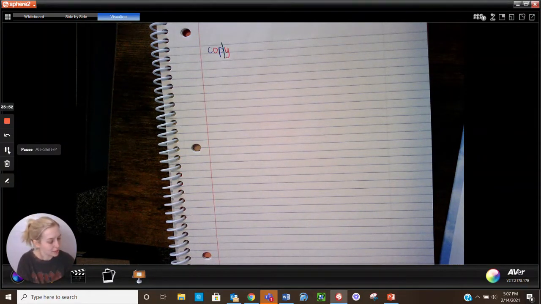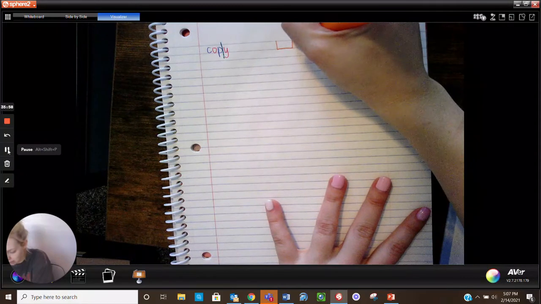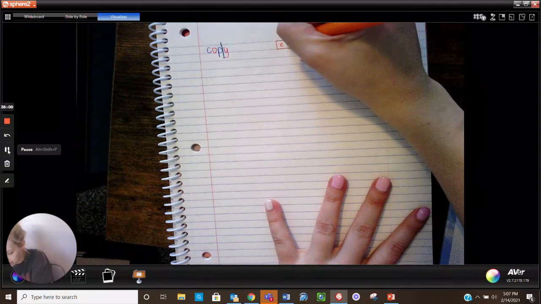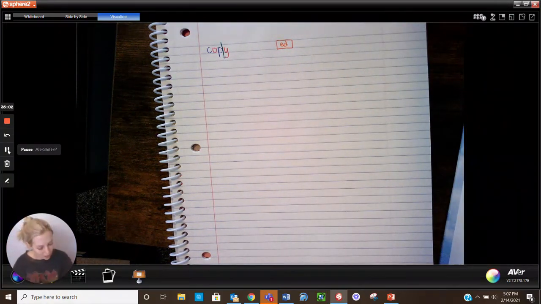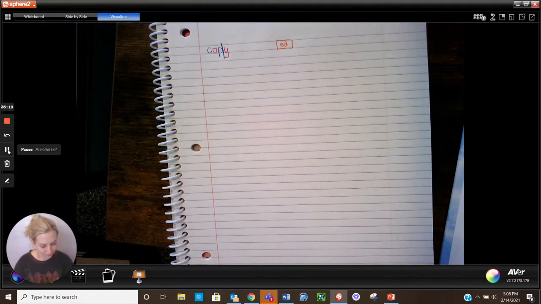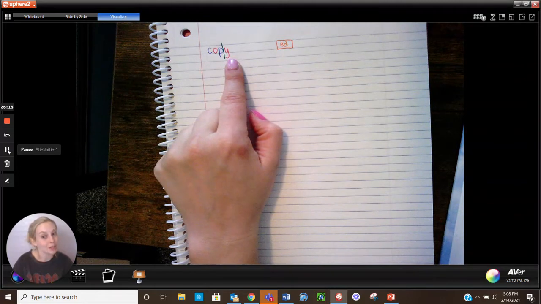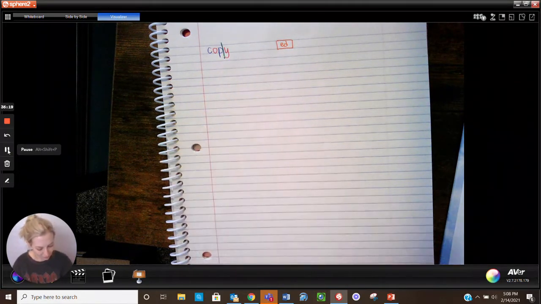What happens if I add this phonogram to the word? The word becomes what? Copied. Very good. And what happens to that Y? Y changes to I. Good.